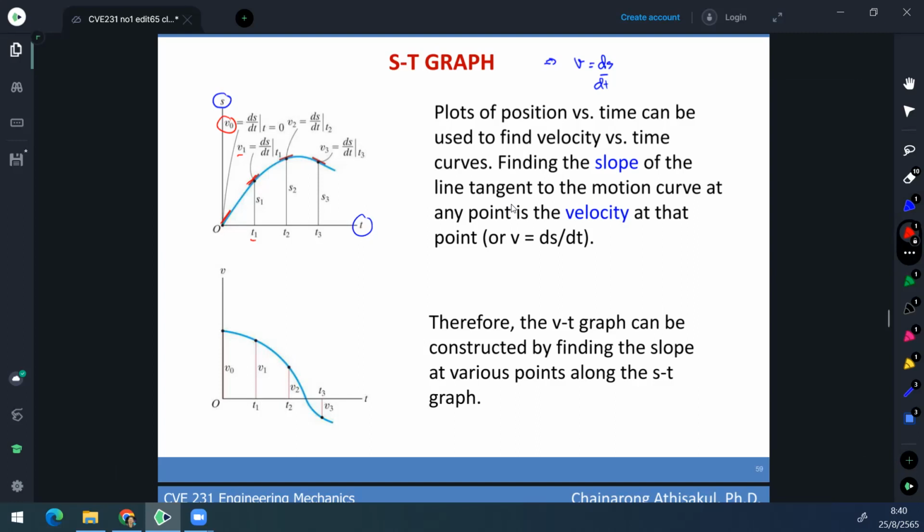This means that if we have the s-t graph, we can construct the v-t graph by using this equation.